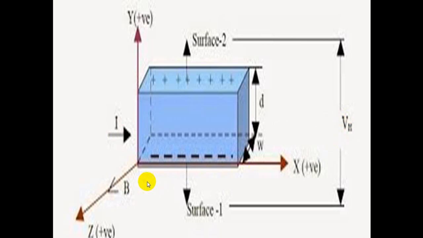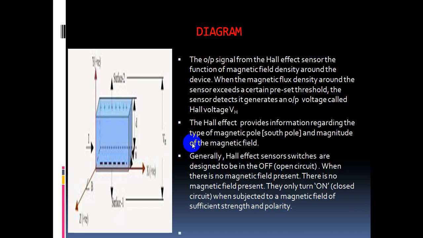That means here the output voltage is proportional to B, the input magnetic field density. So this is the relation which is derived from the Hall effect. So what is the relation? The Hall voltage is always proportional to the applied magnetic flux density. So this relation is obtained from the Hall effect.